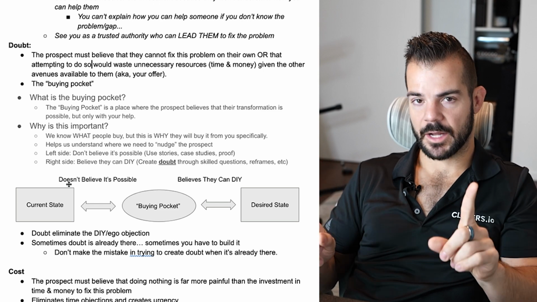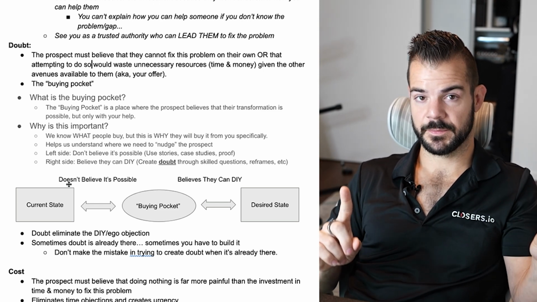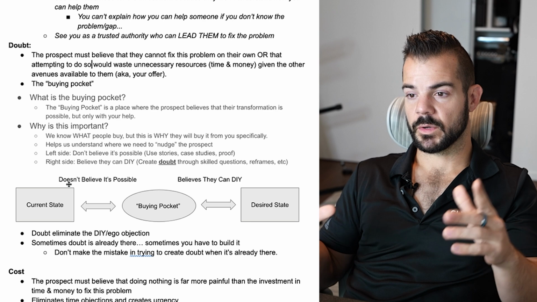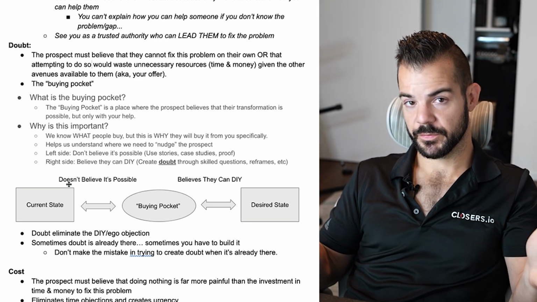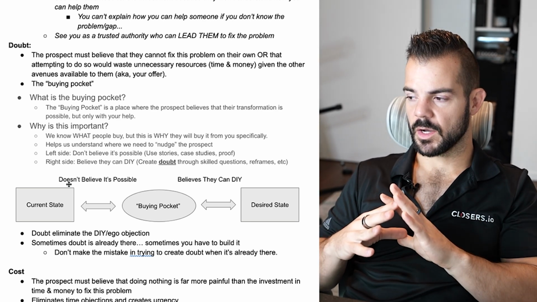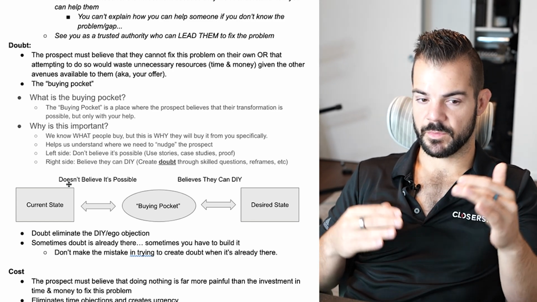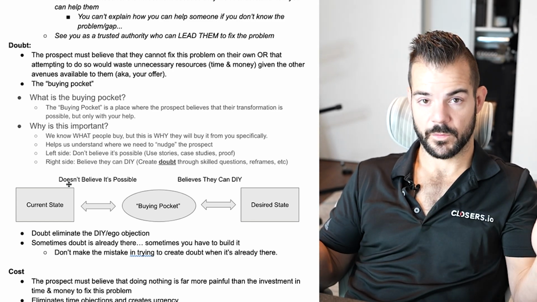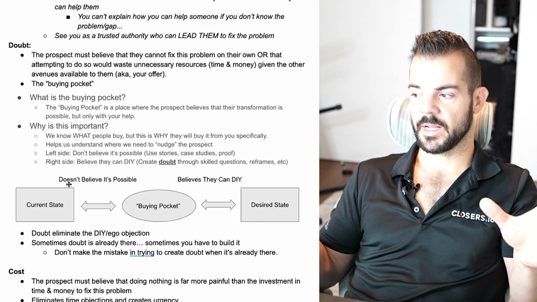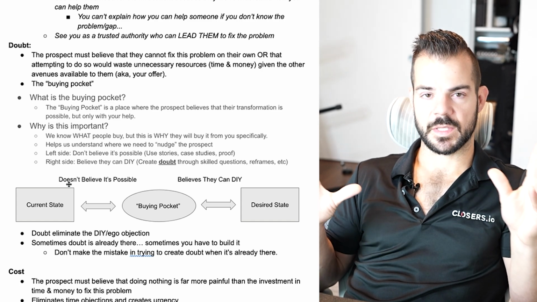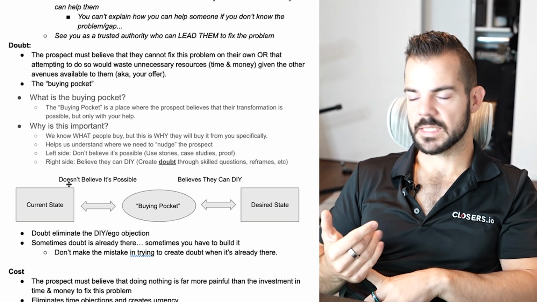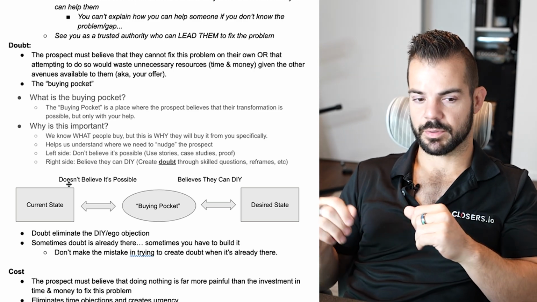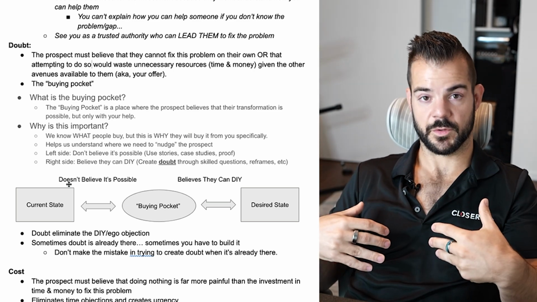Now, how do you fix the "don't believe it's possible"? You fix it with some form of proof. Now, I don't want to go into the myriad of different forms of proof because that's a whole training in and of itself. But the obvious example, right, is case studies. Either client proof or proof yourself.